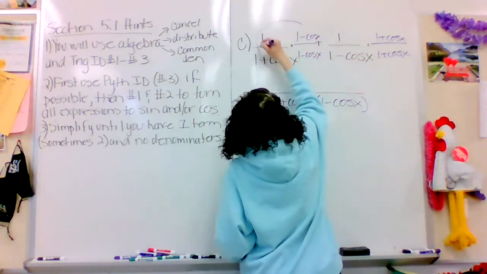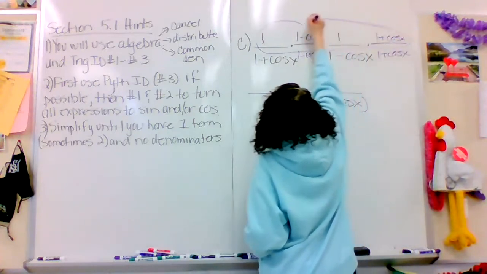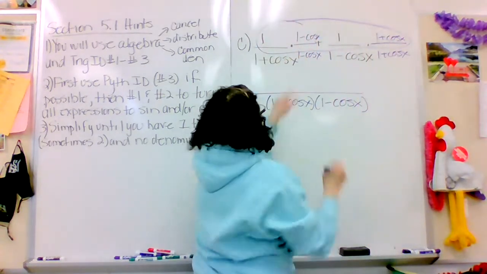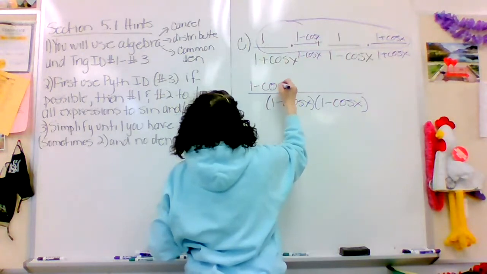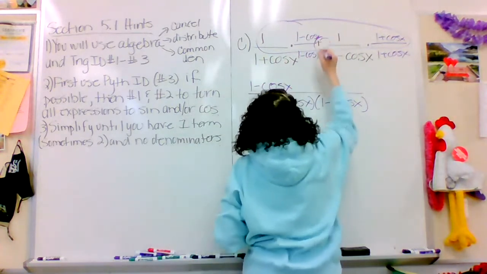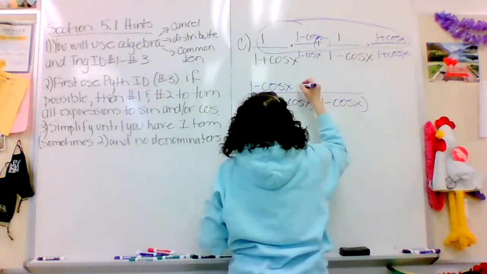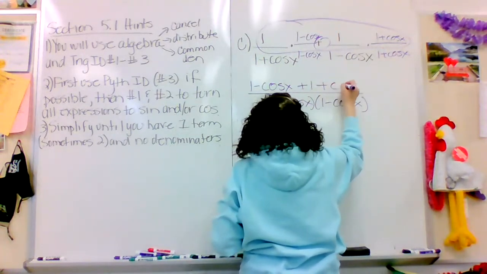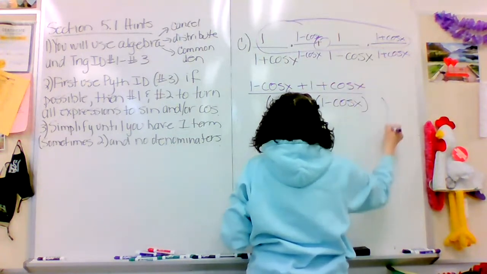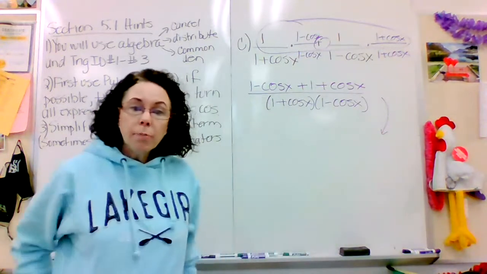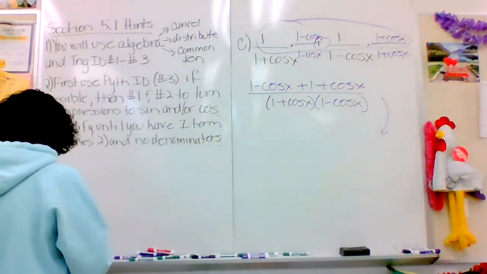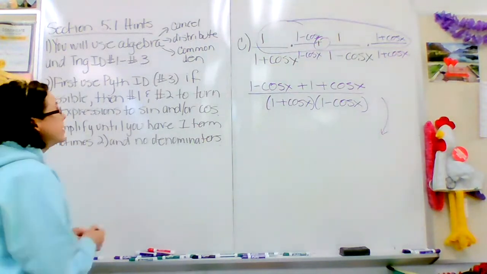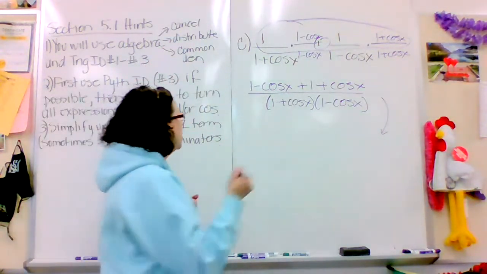Okay, now let's do the math in the numerator. 1 times 1 minus cosine of x plus 1 times 1 plus cosine of x. There we go. I am still on the algebra portion of my work because I can do some canceling in my numerator.